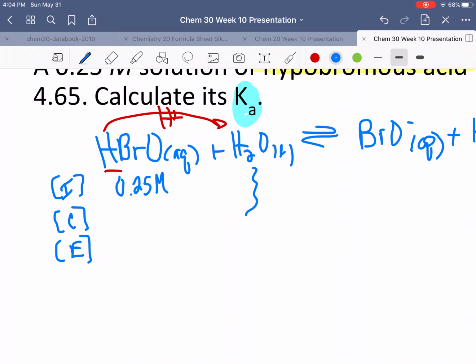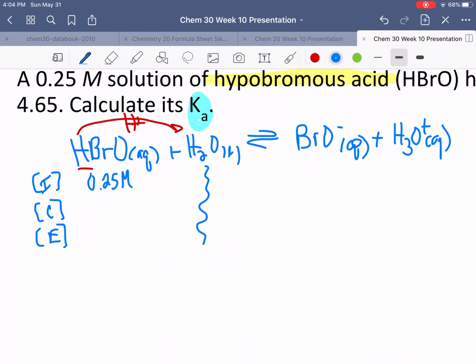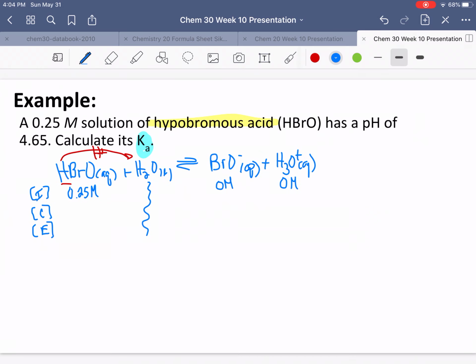Now, water, again, it just gets scribbled out because pure liquids don't have concentrations. The bromite ion on the other side is at 0 because initially there isn't going to be any. Same thing, hydronium starts at 0. This is balanced. Everything's 1 to 1.